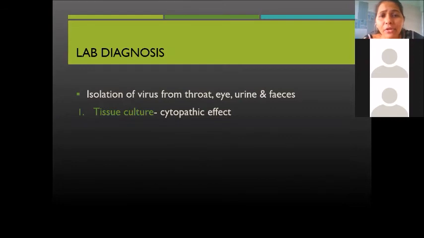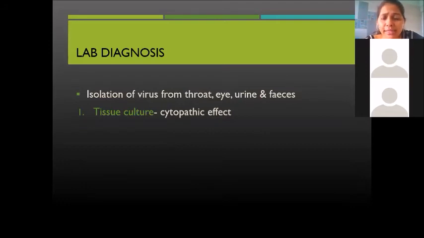Now in lab diagnosis, you can isolate the virus depending upon which system is affected, like throat swab, then eye swab, then urine or feces. In tissue culture, remember that only human tissues are preferred, and you can see the cytopathic effect.